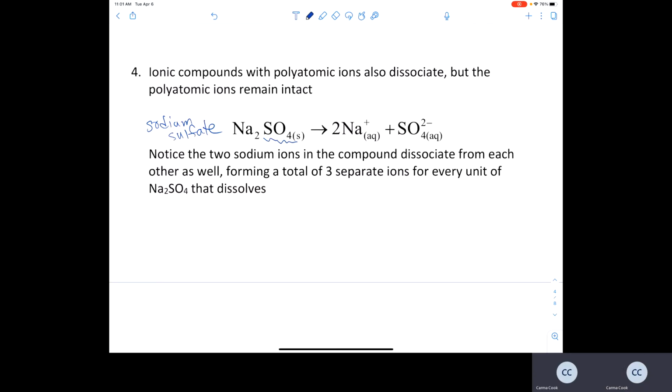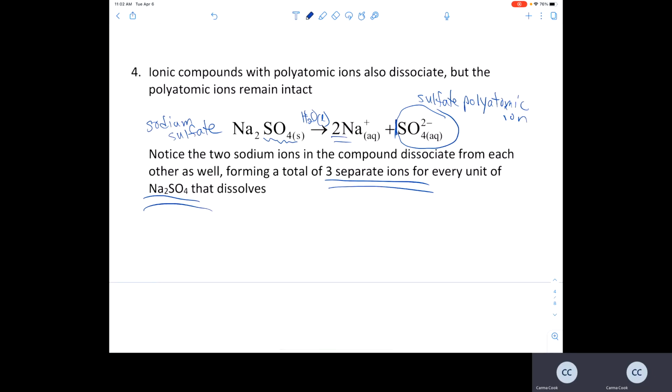So when that salt dissolves in water, that polyatomic ion stays full and intact. The sulfur does not separate from the oxygens in that polyatomic ion. It stays as a full intact polyatomic ion. So you get 3 total separate ions for every unit of sodium sulfate that dissolves. You get 2 Na+ ions, and you get 1 sulfate polyatomic ion.